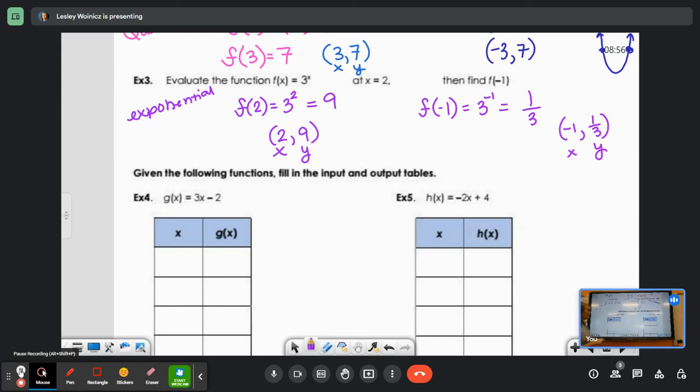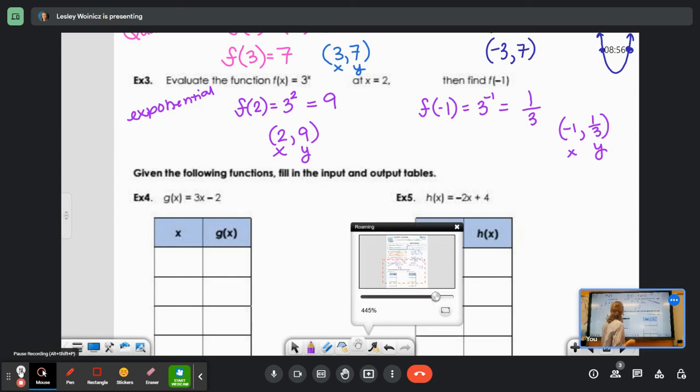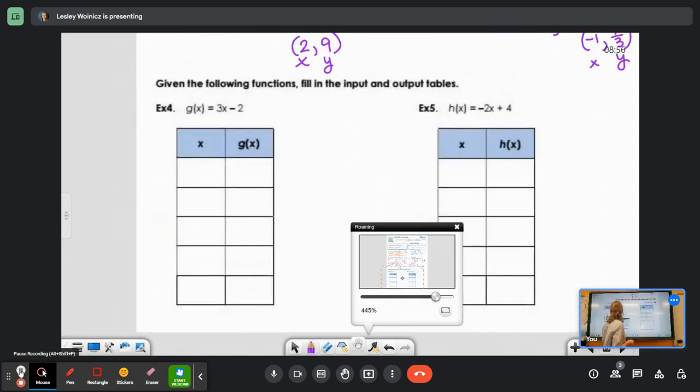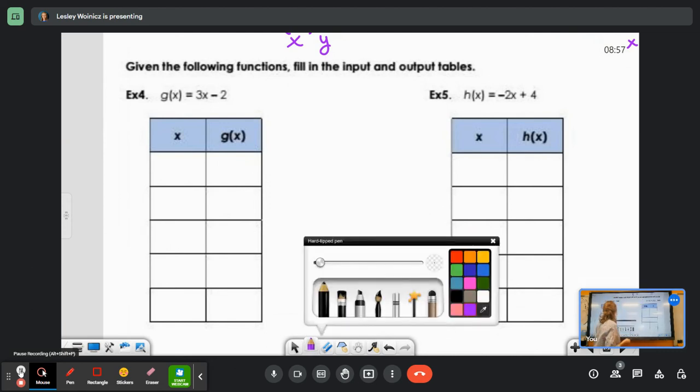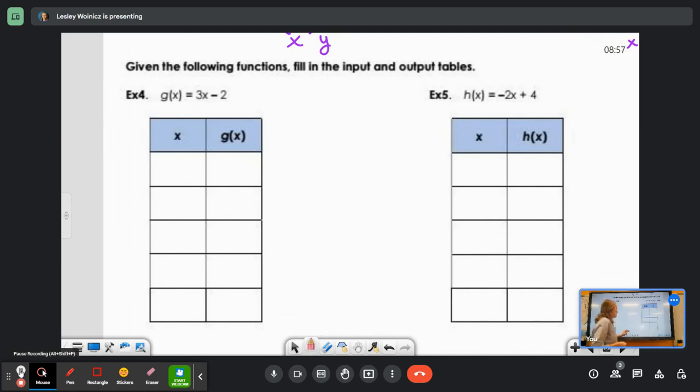All right, now we're going to use that to fill in a table. We're just going to be doing the same thing though. We're just going to use the same rule over and over and over again to fill in these tables. Do they tell us what the x's have to be? So we really get to pick any x's we want, right?